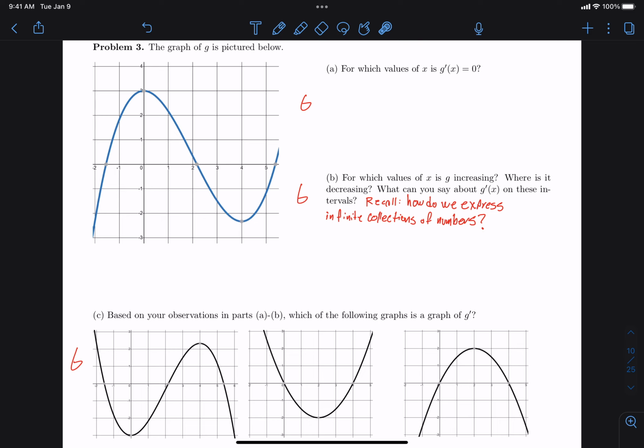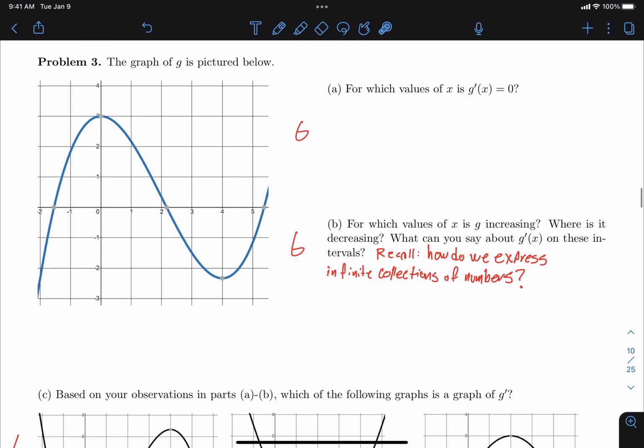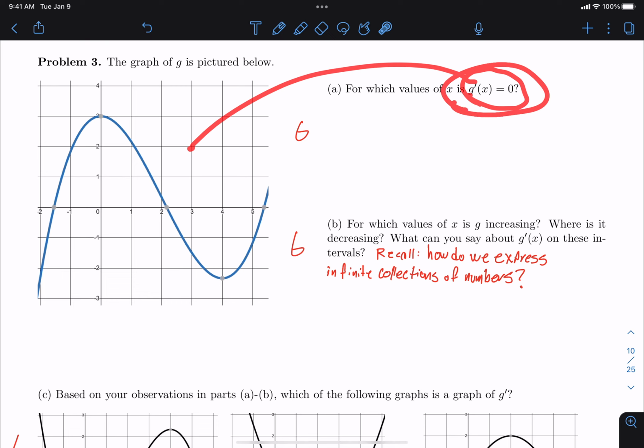Okay, let's come back together as a group. I saw great work out there. So, what are we noticing about when g prime of x is equal to 0? Is that telling us anything about this graph? What does it tell us about the original function when the derivative is 0? Anyone noticing a pattern there?